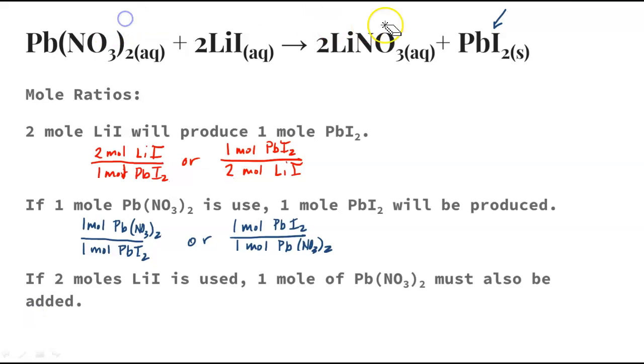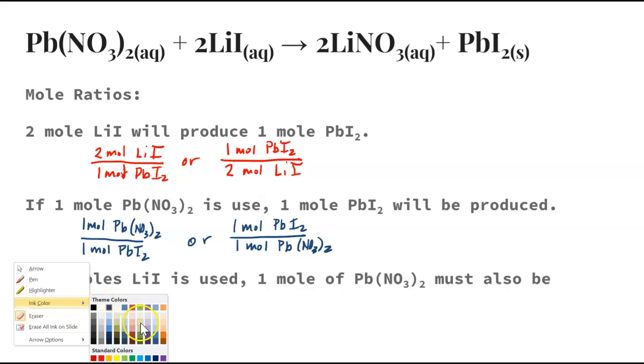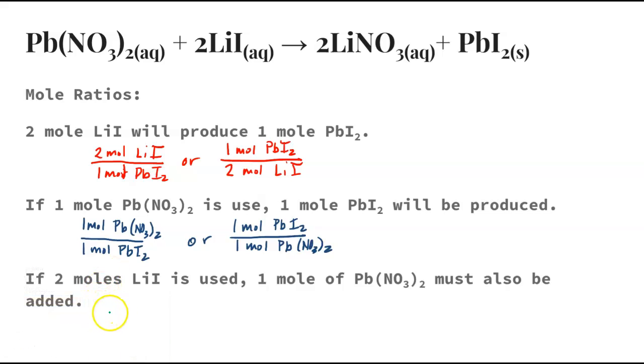Let's look at the relationship of those two. For that one, I'm looking at the relationship of lithium iodide with lead nitrate. If I use 2 moles of lithium iodide, I also must use 1 mole of PbNO3. Okay, those are the ratios of what you need to put into the reaction.